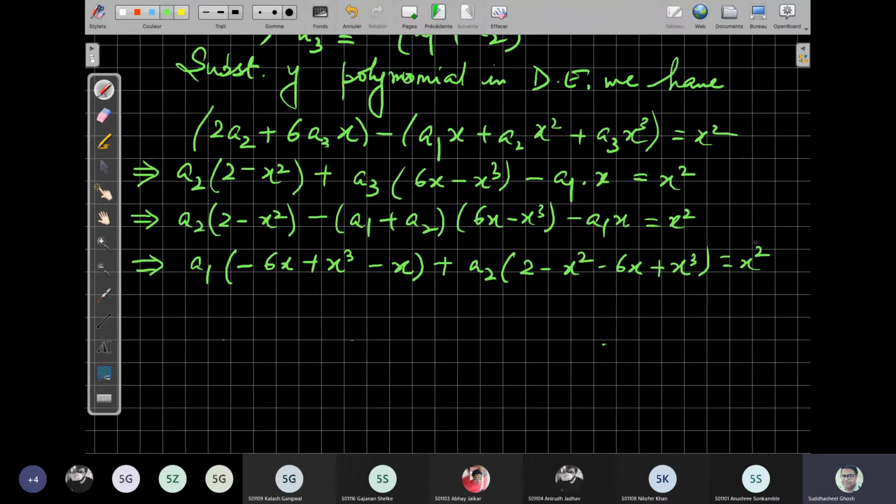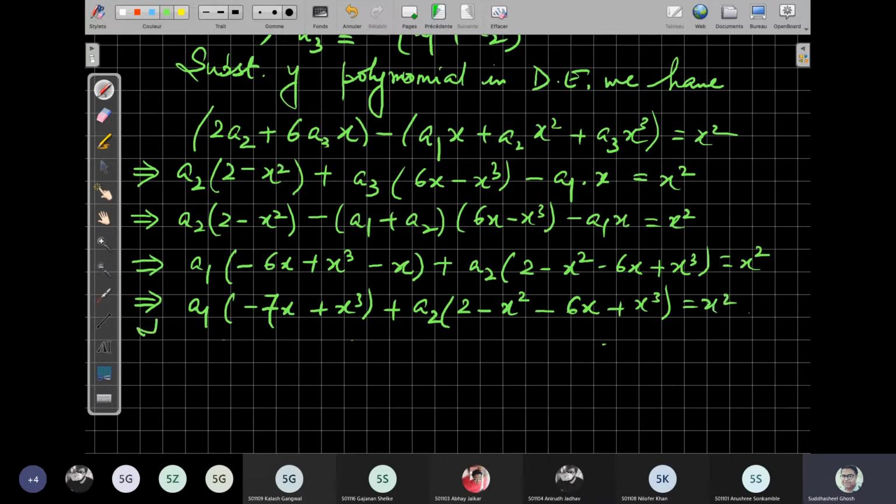Is it okay now? Yeah, so now it is okay. A1 into minus 7x plus x cube plus a2 into 2 minus x square minus 6x plus x cube equals x square for x equal to 0.5.